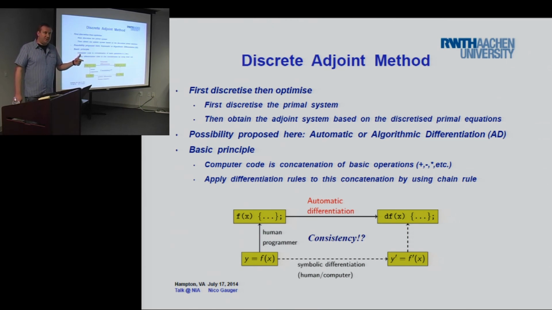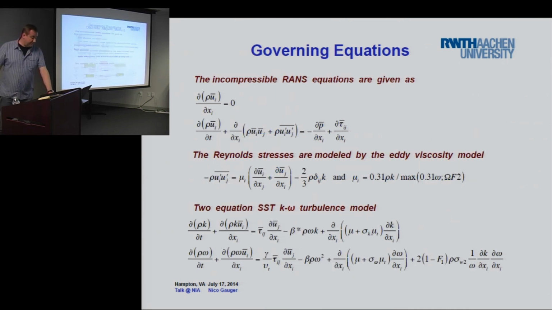Even if you know it, quite often when you go to the numerical realization, especially when you incorporate turbulence models, you have the problem that you have mathematically non-differentiable things involved. So then the question of commutativity, of discretize and optimize, or optimize and discretize, is questionable.